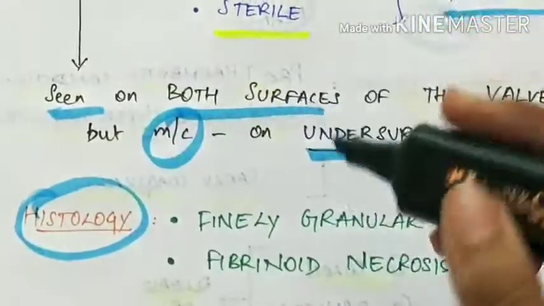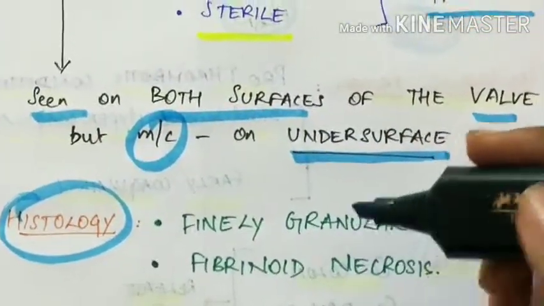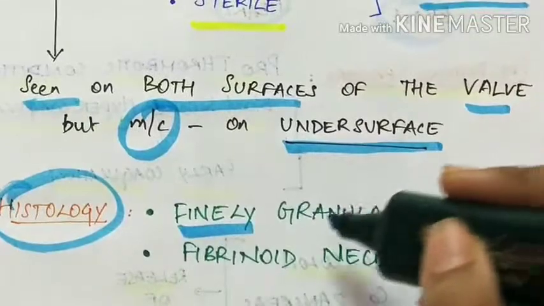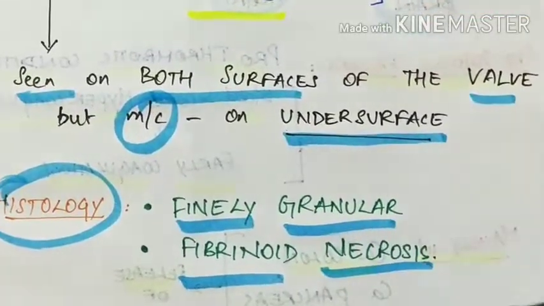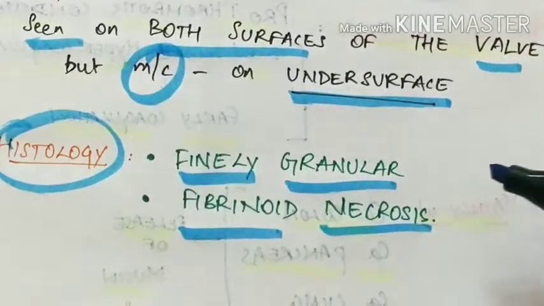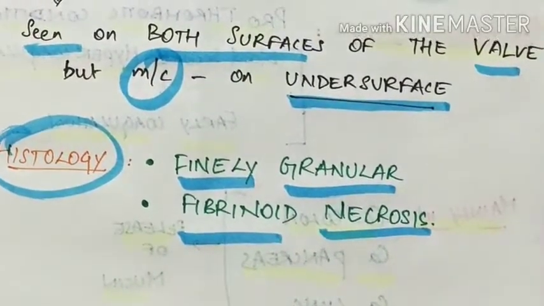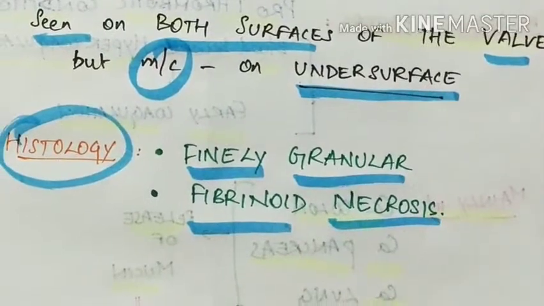Histological finding in Libman-Sacks endocarditis: it is finely granular and there is presence of fibrinoid necrosis. So this is about Libman-Sacks endocarditis, and these are the 4 main types of vegetations of the heart.